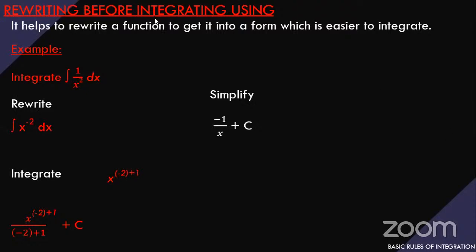And we can also rewrite our integration before integrating. It helps us to rewrite a function to get it into a form which is easier to integrate. So let's look at this simple example. If we integrate 1 over x squared dx, if we have this kind of problem to solve, we can rewrite it.